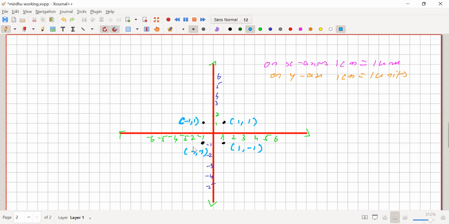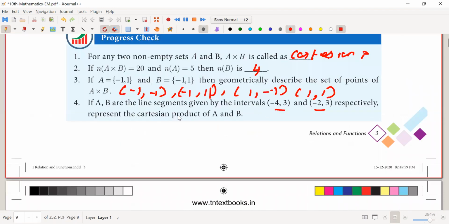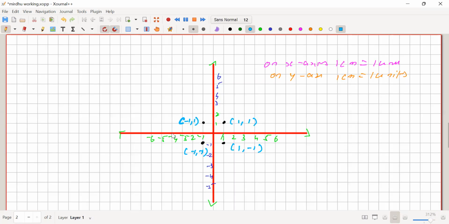All right. For the second question, the interval is between minus 4 to 3. Then minus 2 to 3. So minus 4 to 3 would be like this. This interval is for number 1.